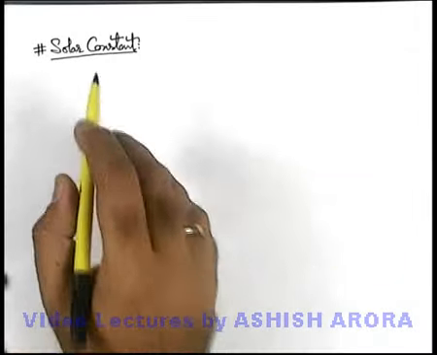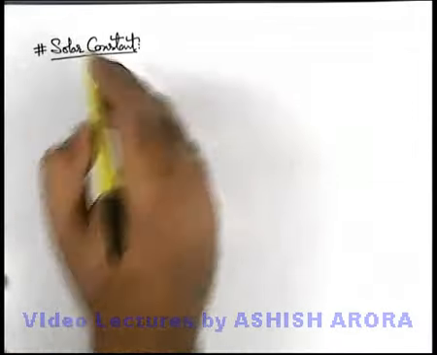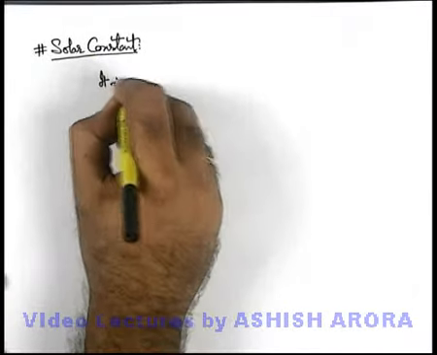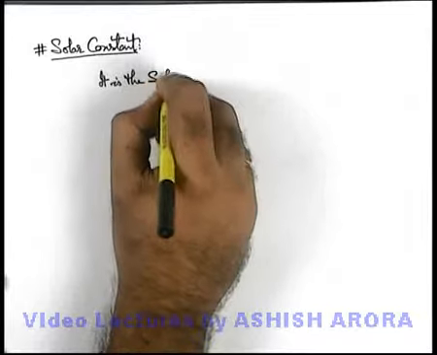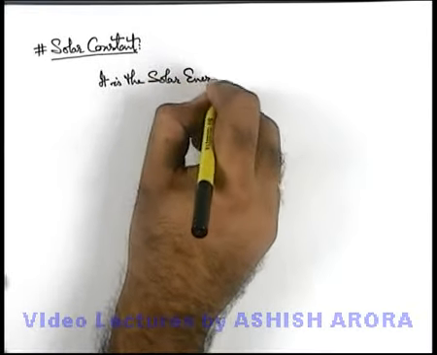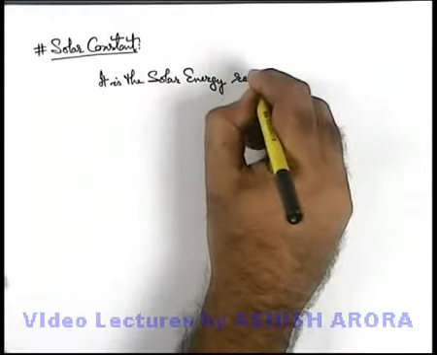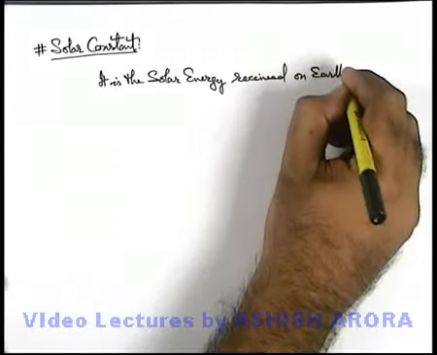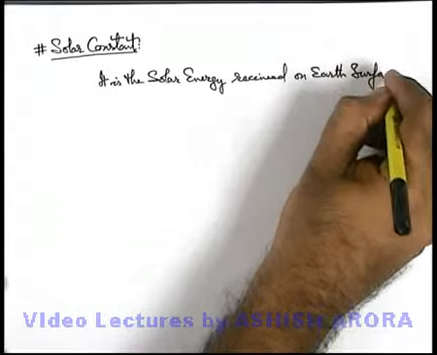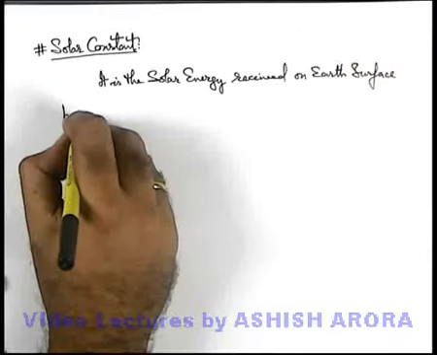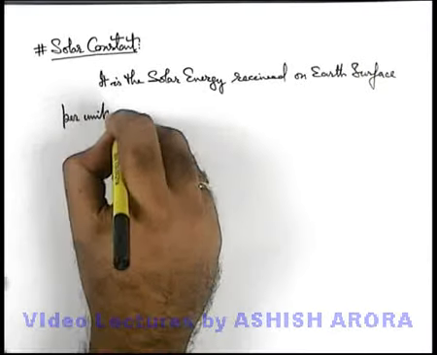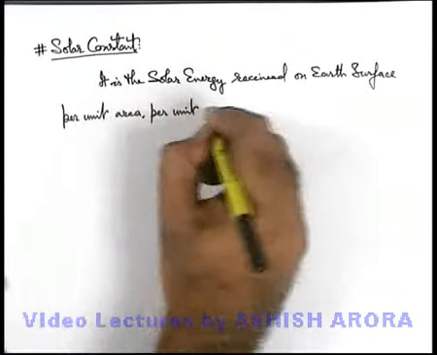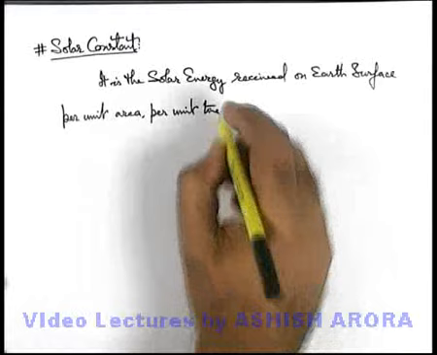Let's discuss the solar constant. The solar constant is basically defined as the solar energy received on Earth's surface per unit area per unit time.